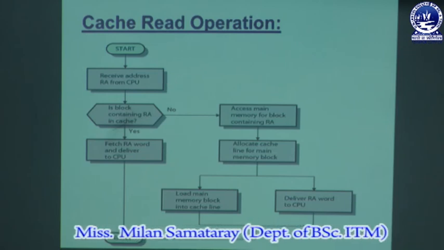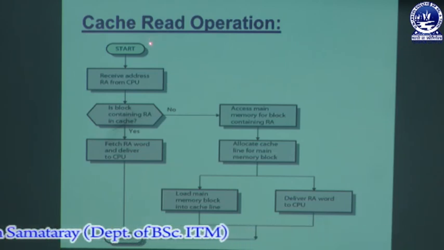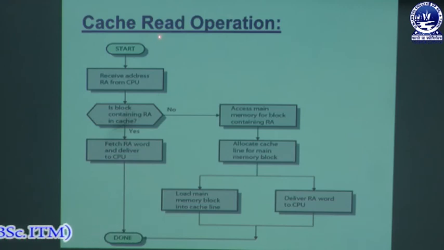Actually there are two terms attached with this. The first one is read hit, another one is read miss. Read hit means if we get the requested address or requested data in the cache, that is called a read hit. That means we got the data that the CPU wants.